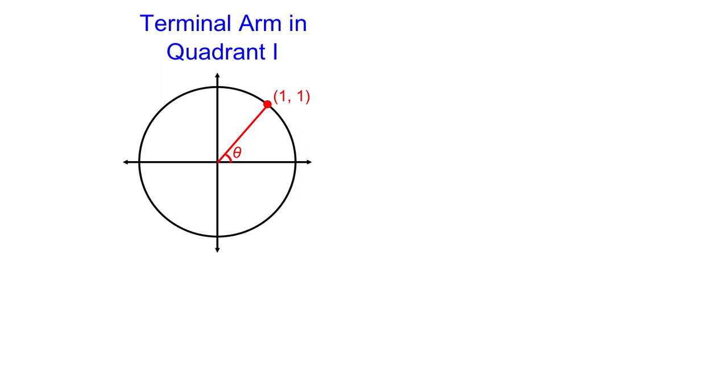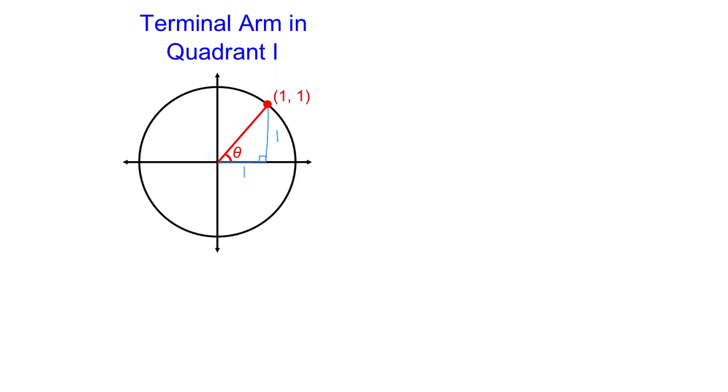So I'm going to go through the terminal arm in different quadrants. Quadrant 1, if you'll recall, is over here. Quadrant 2 would be here, quadrant 3, and quadrant 4. So here I have an image of my terminal arm in quadrant 1. And for the sake of simplicity, I'm using 1, 1 as the coordinates of that point.